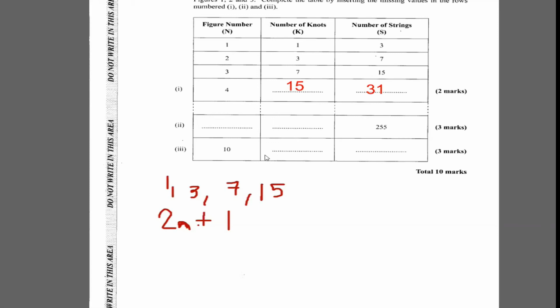So what am I saying? If we were to continue, look at this. It's best when you just continue this way. The next one would have been 15 plus 16, that's 31. The fifth one would have been 31. Then the next one, you add 32 to get 63.